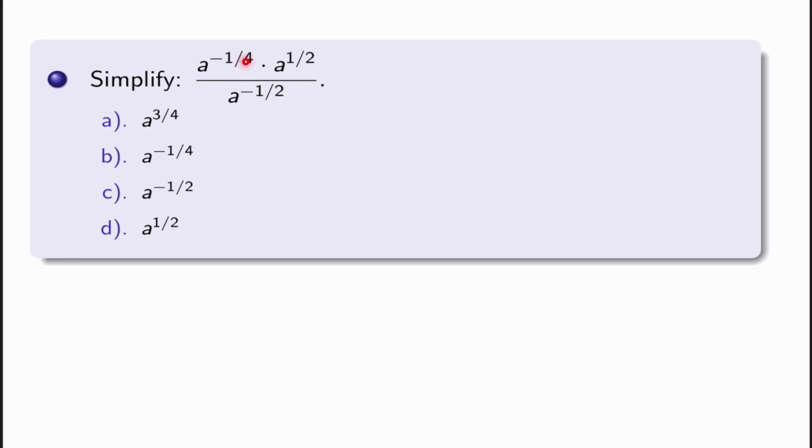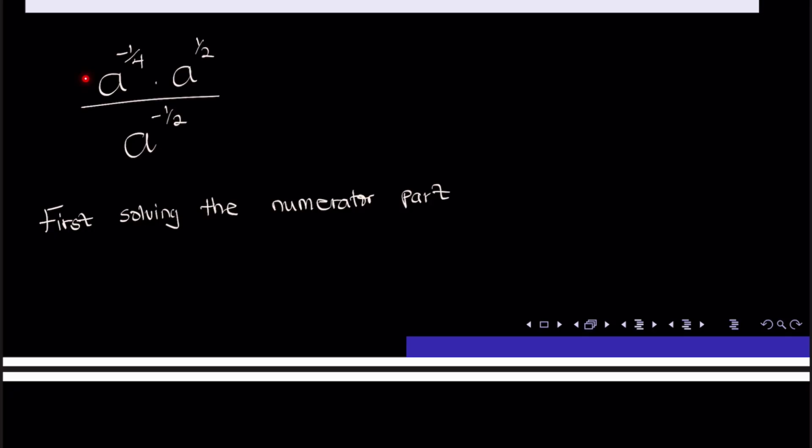Simplify a exponent minus 1 over 4 multiplying a exponent 1/2 divided by a exponent minus 1/2. We first solve for the numerator part, and so we are going to have a exponent minus 1 over 4 multiplying a exponent 1/2. Now here the bases are the same and they are multiplying, so we are going to add their exponents.